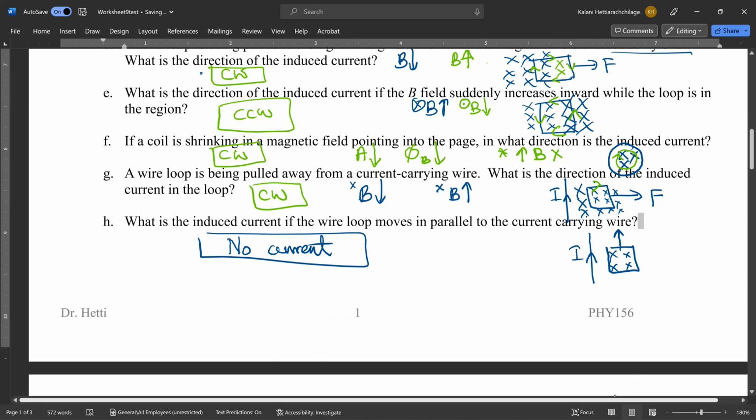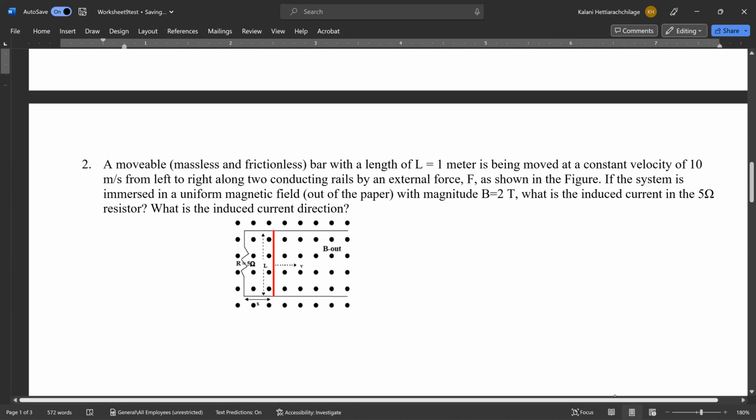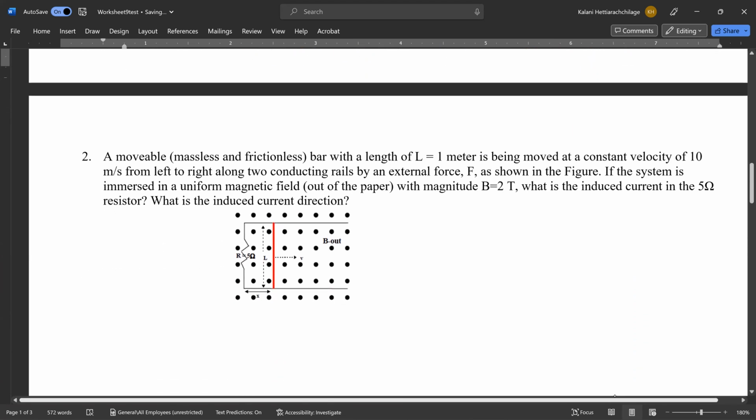Okay, so now let's move into section number 2. Now, motional EMF. We're going to talk about a massless frictionless bar with length L, the red piece on the diagram. The 1 meter length bar is being moved at a constant velocity of 10 meters per second from left to right by the external force F as shown in the figure.